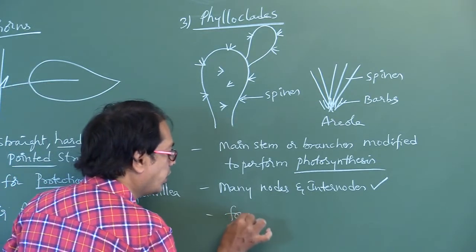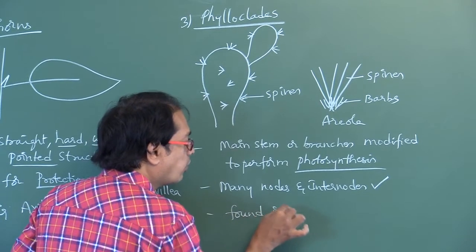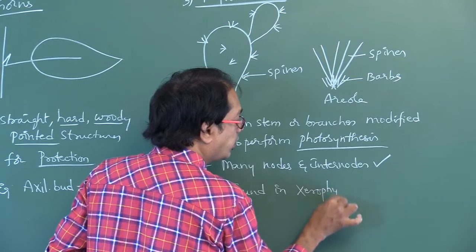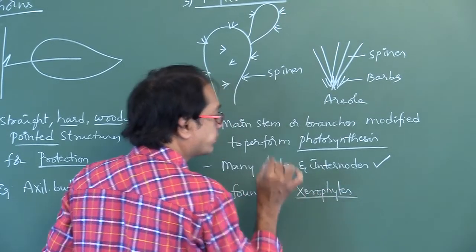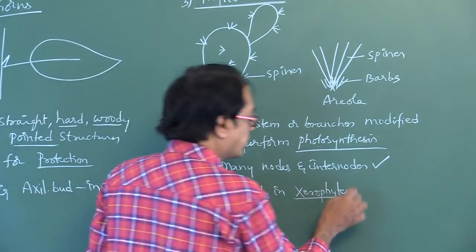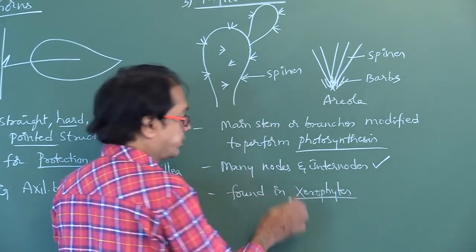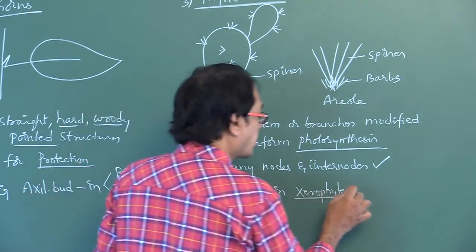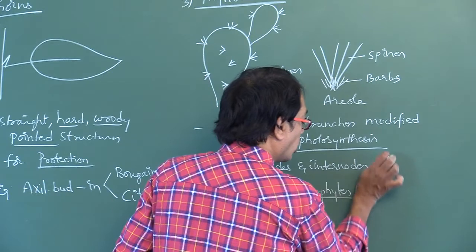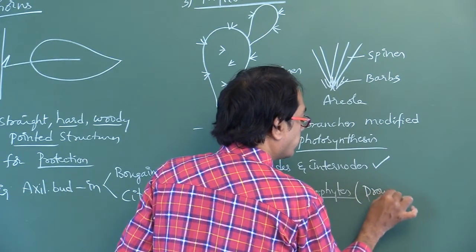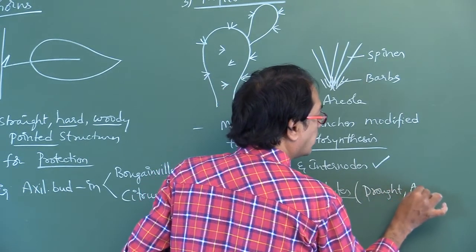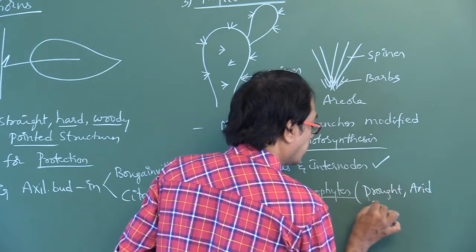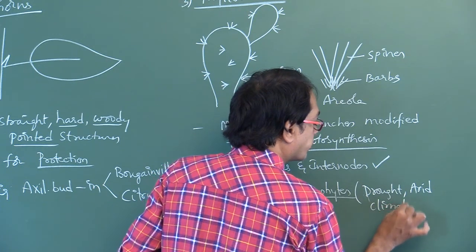Next, these are found in xerophytes. These phylloclades belong to xerophytes, that is, they are found in drought, arid climatic conditions.